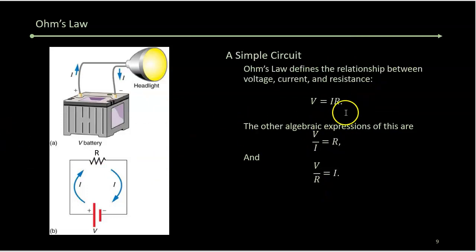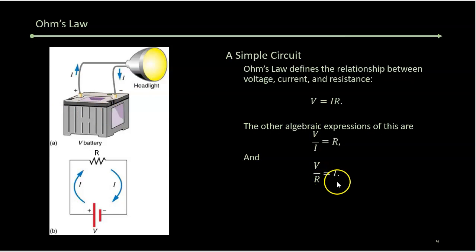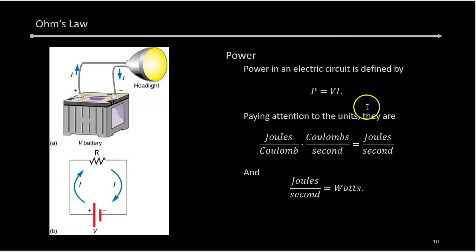Voltage is IR, so I can stick in IR for V, and power is now I squared R. Or I can stick in for I, which is V over R, and power is V squared over R if I make that substitution for I. So there are different ways to write the power, but the fundamental definition is voltage times current.